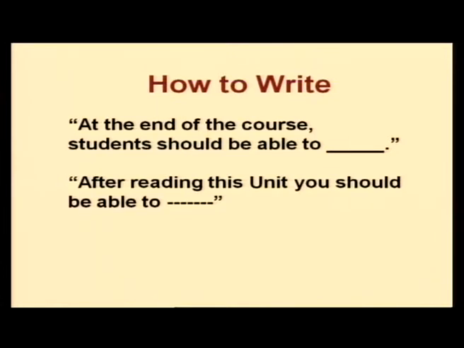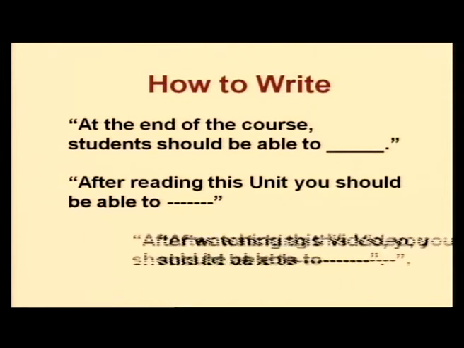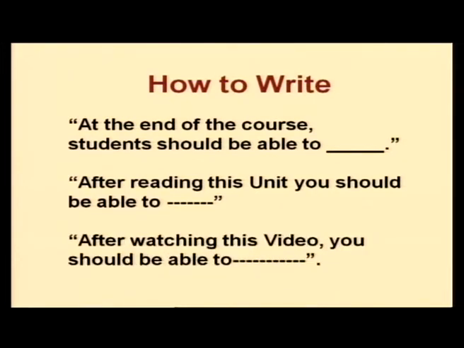Or, as you are watching this video, you say, after watching this video, you should be able to. So, you see the emphasis is on the learner. In the statement, you means learner, student. We write this statement in the beginning because we want to emphasize that students are with you, students are learning.